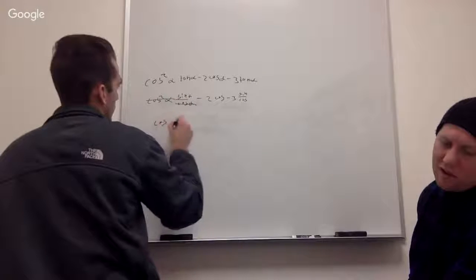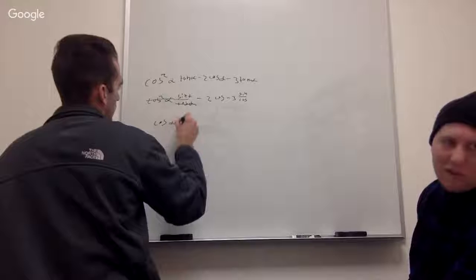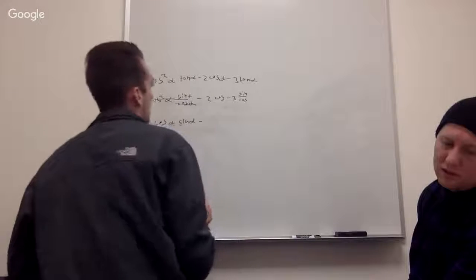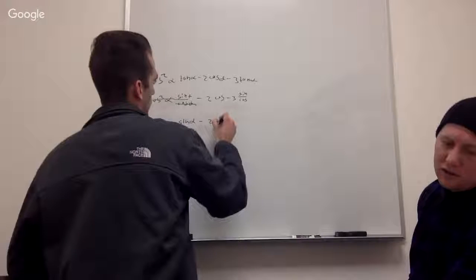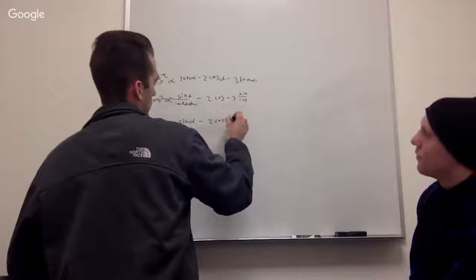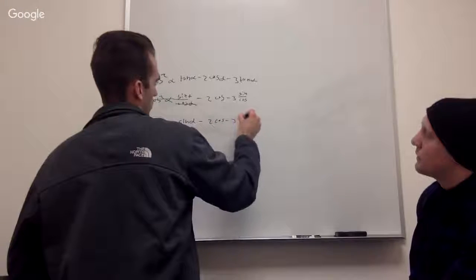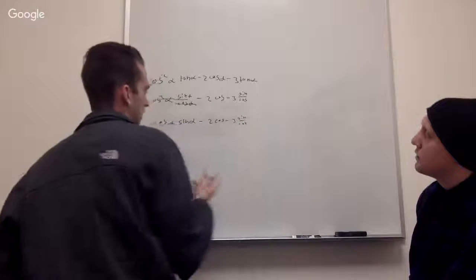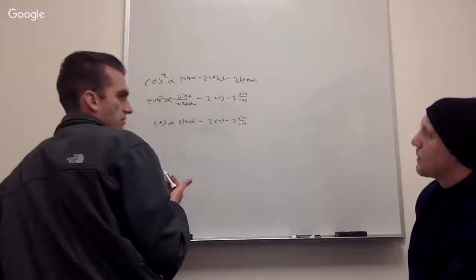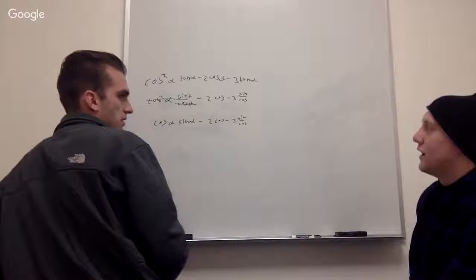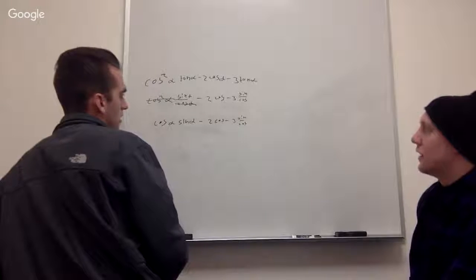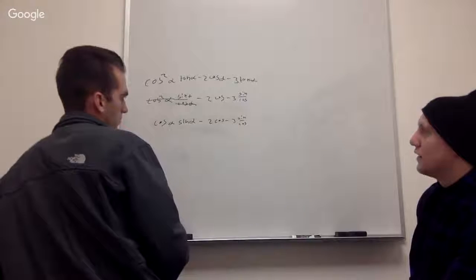So cosine alpha sine alpha minus 2. Is this kind of what you're doing, or am I completely off? No, but you could simplify it if you wanted to, and just take one tangent out of it.